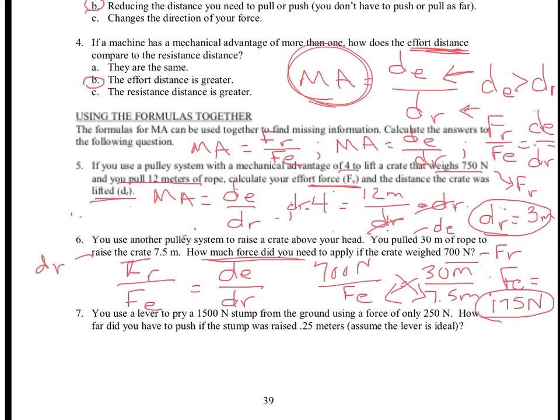So again, I'm going to do the same thing again. I have a resistance force, I have an effort force, I have a resistance distance, and all I'm looking for is my effort distance. So I'm going to plug into this equation again.